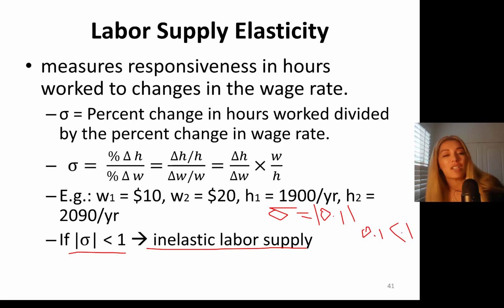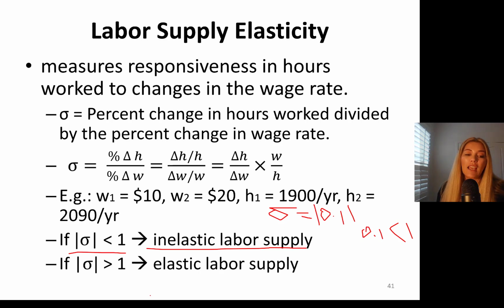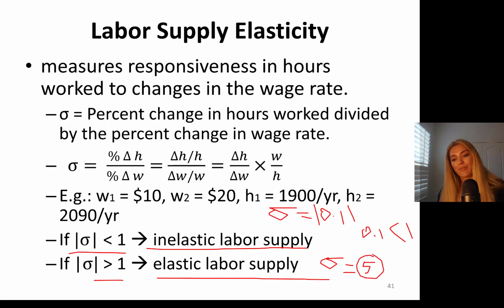In this case people increase their labor supply by only 0.1%. And vice versa, if the absolute value of the labor supply elasticity is greater than 1, we call that elastic labor supply. If we found elasticity to be positive 5, in English this means a 1% increase in wages will cause a 5% increase in your hours worked. Elastic labor supply, very responsive.